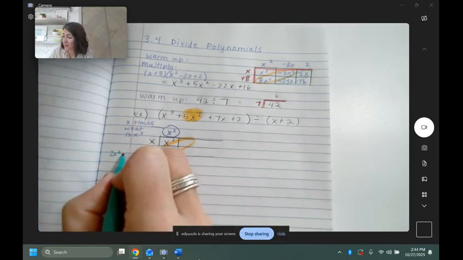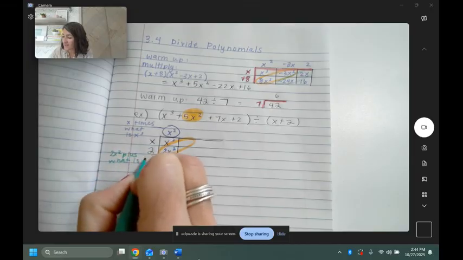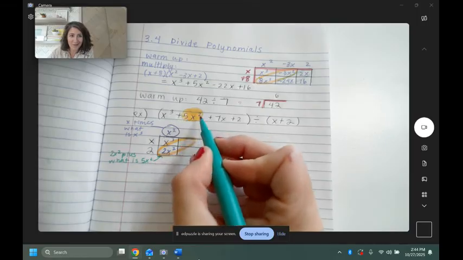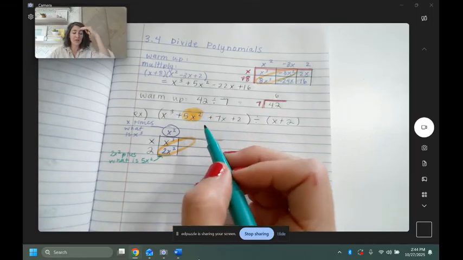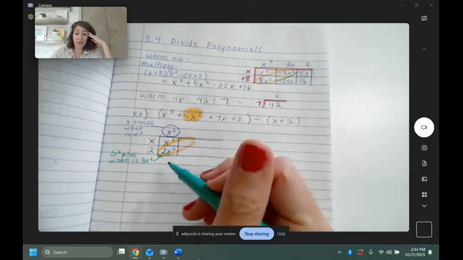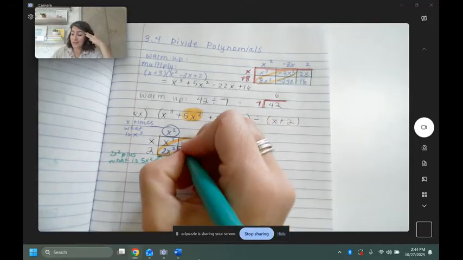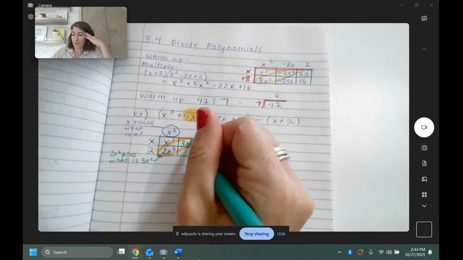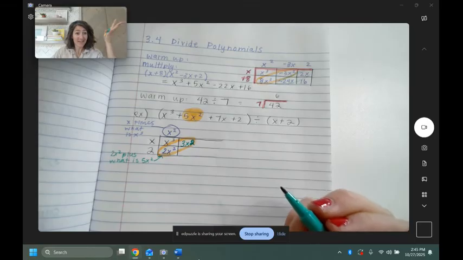And I know it's 5 because that's what's written in my number I'm dividing here. It's 3. 3x squared. And that's it. Those are the 2 questions.